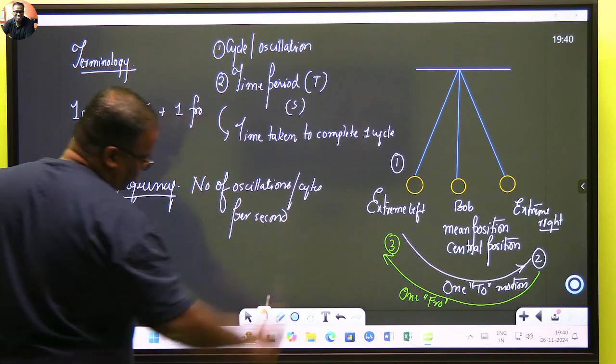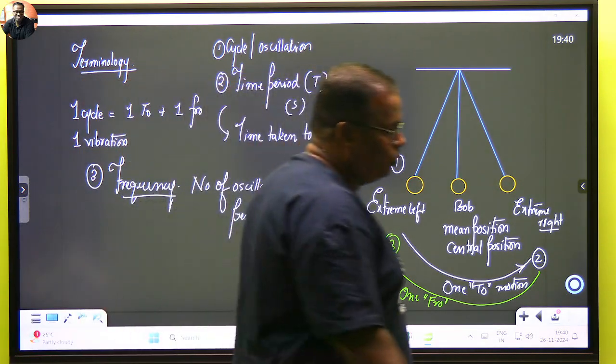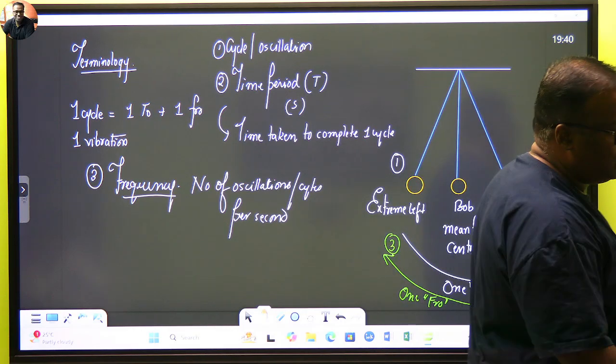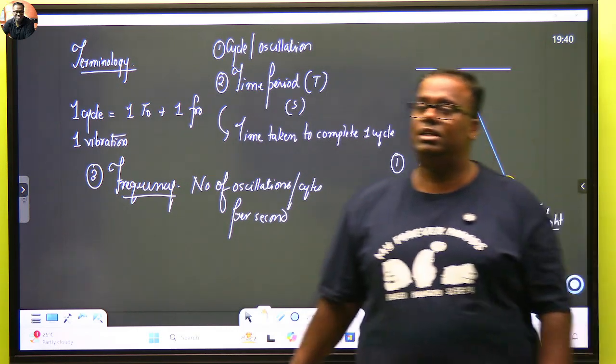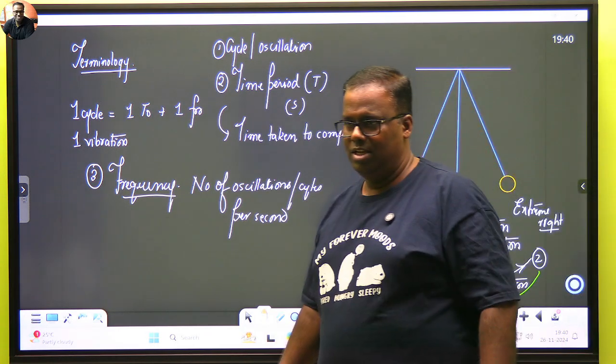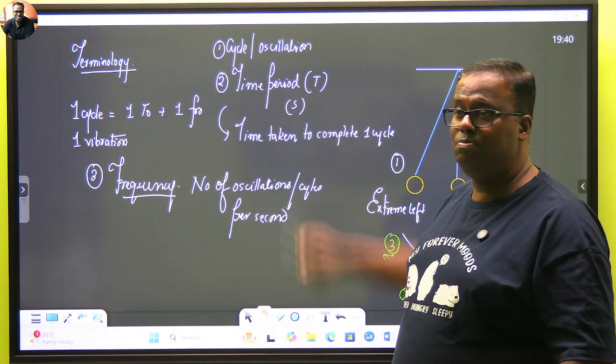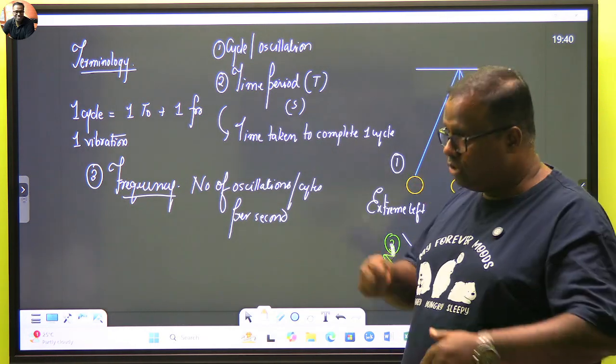Very interesting here. Please understand. Suppose Dhruv and I were doing an experiment and we found that 30 oscillations took 30 seconds. So one oscillation took how much time? 1 second. What is the time period? 1 second.